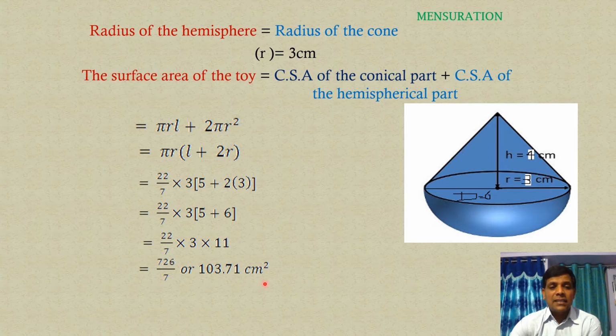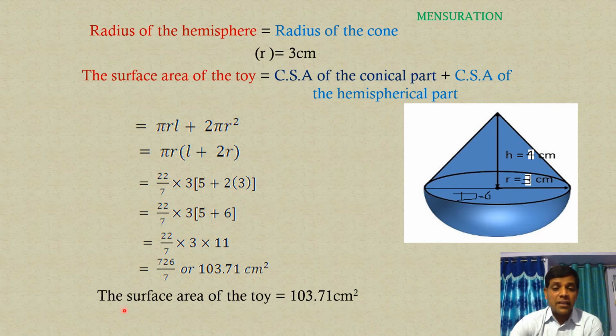This is the surface area of the given toy. So conclusion, the surface area of the toy is equal to 103.71 centimeter square. Coming to next question.